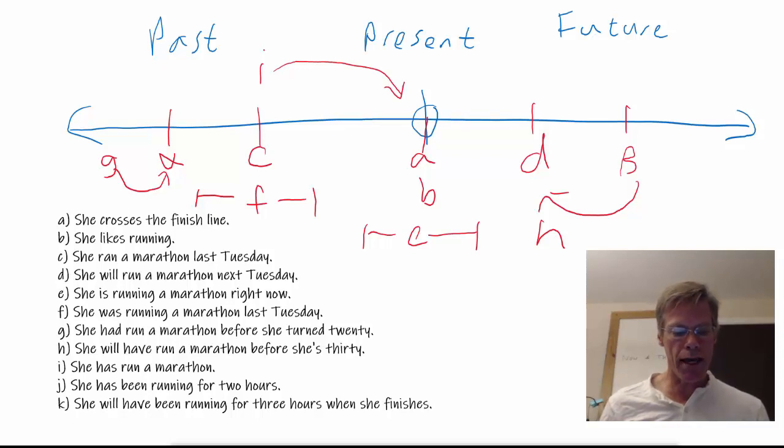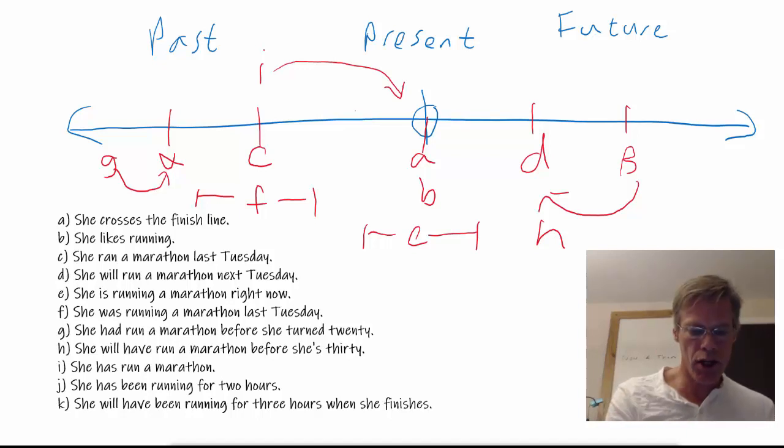Now I want to think about J, which combines both the perfect, which again refers to anteriority, and progressive, which refers to duration. So in this case, we've got J, which extends over a span of time.